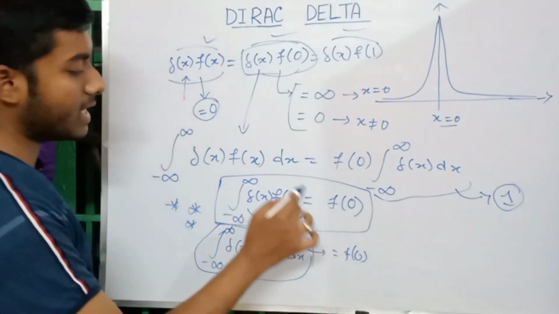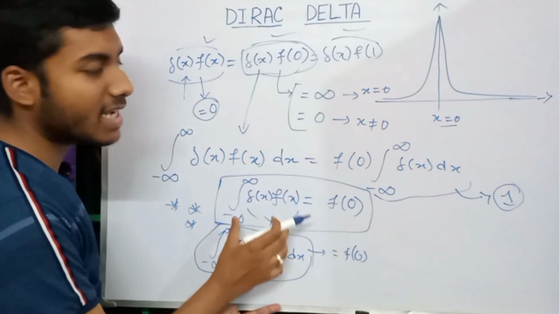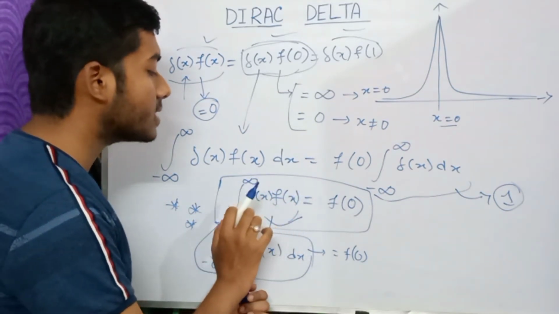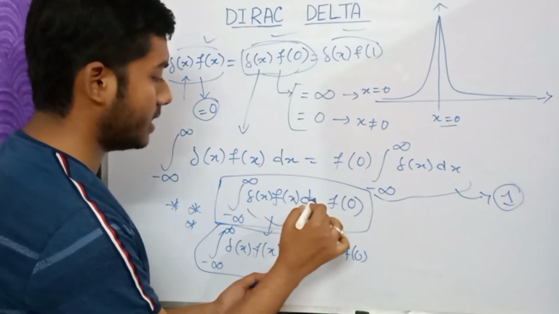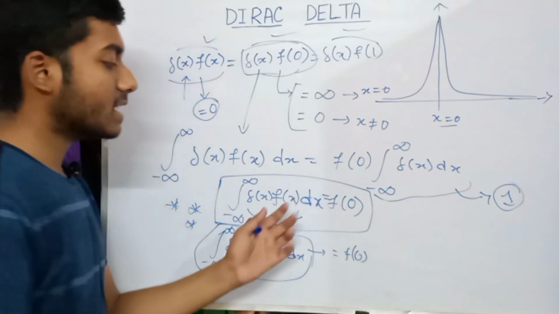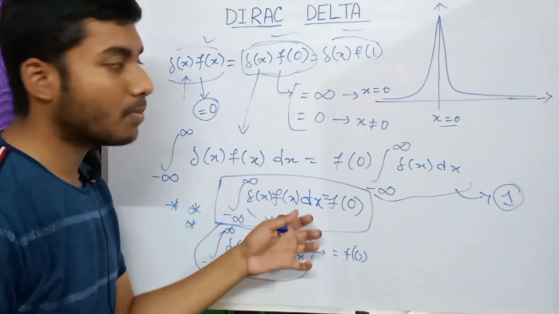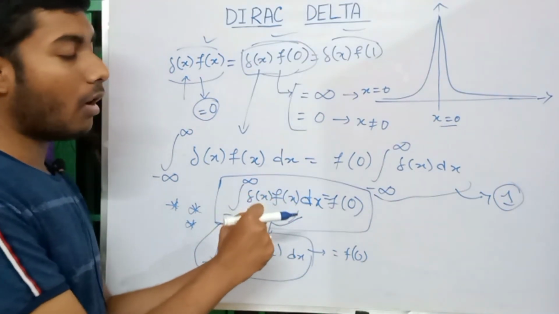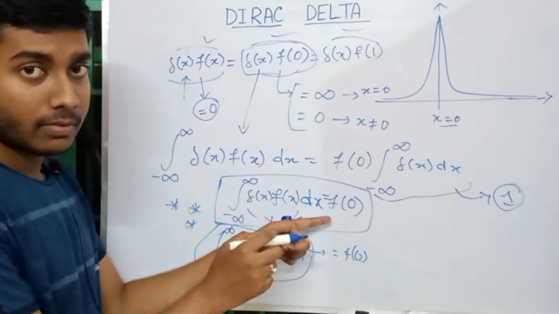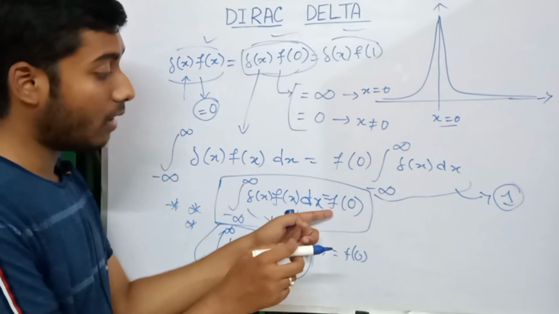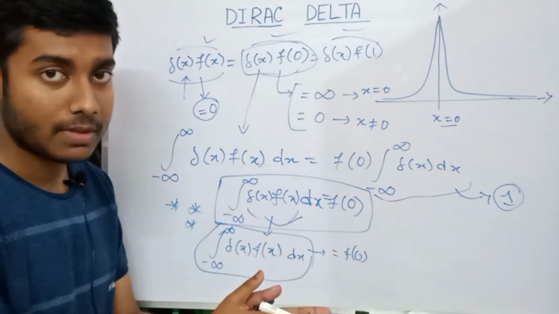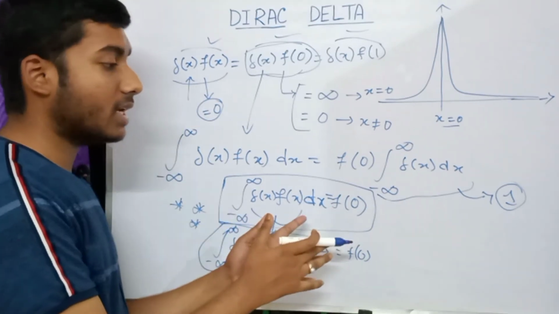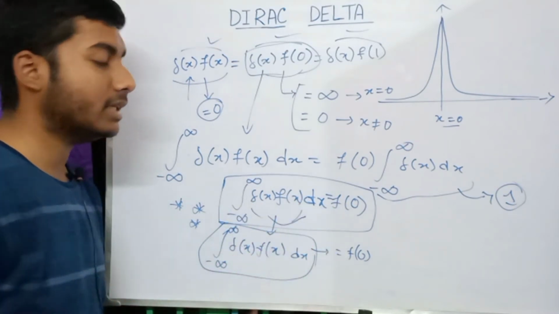That is, this expression is taking out the functional value of x at x equals 0. This is the use and the benefit of the Dirac delta function.